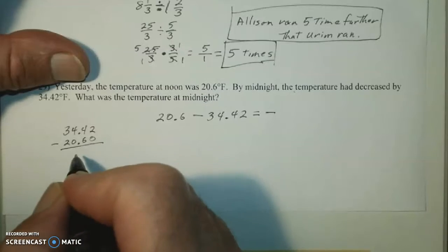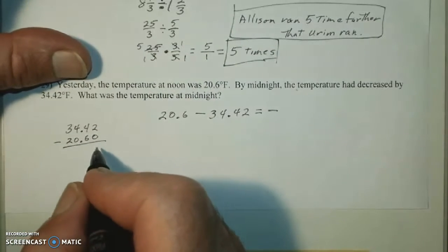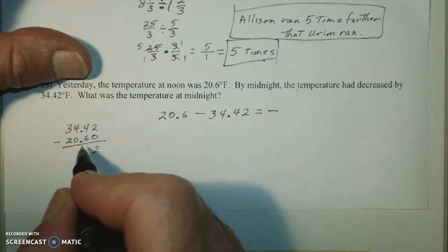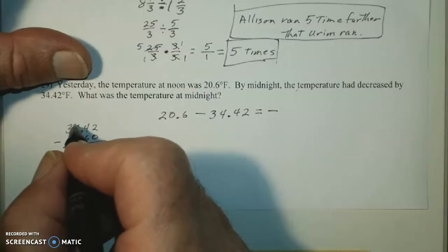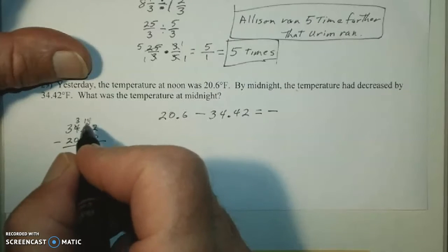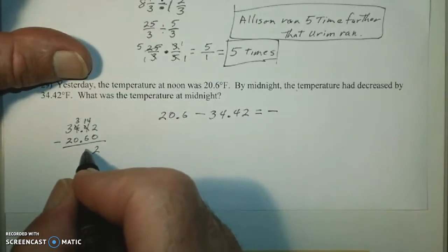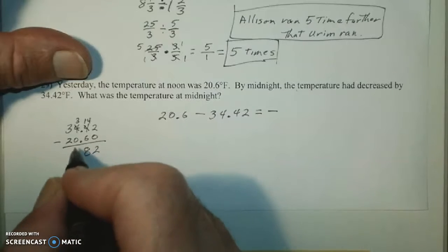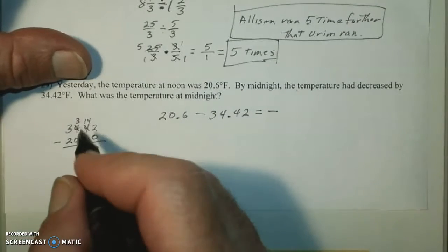Fill in with a 0, and now you can subtract. 0 from 2 is 2. 6 from 4 you can't do, so you need to borrow from the 4 in the ones column. It becomes a 3. That makes this column 14. Now 6 from 14 you can do. That will give you an 8. Your decimal point comes straight down and stays in a row.